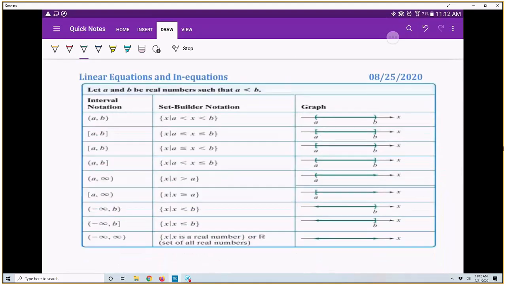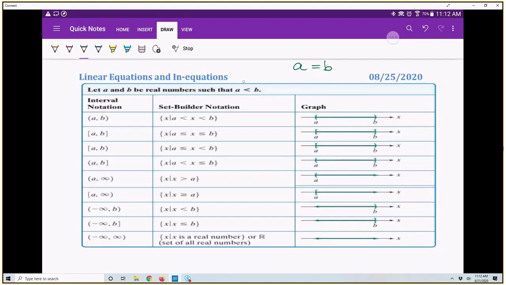Okay, so that's about linear equations. Now we want to talk a little bit about inequations. So when we say inequations, or sometimes you'll hear them called inequalities, just like an equation is something equals something, inequalities are where you have less than or greater than.